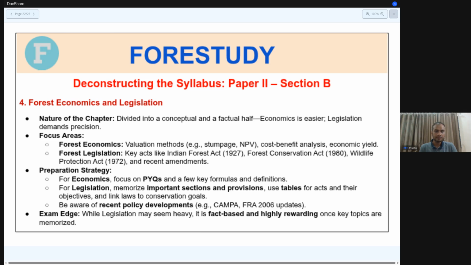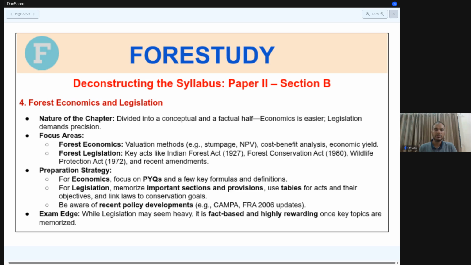If you are aware of the sections, it will give you a real edge in the examination. Like myself, I ignored this chapter in my earlier attempts, and I used to skip the questions from forest legislation because I was scared of the topic.